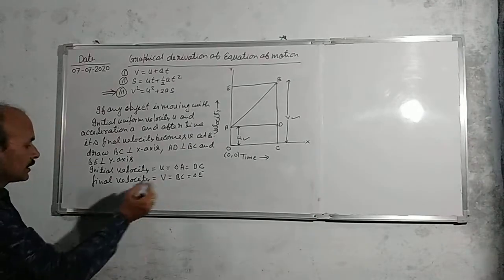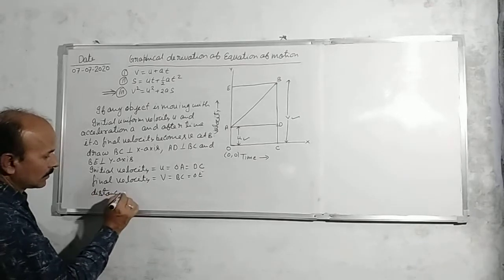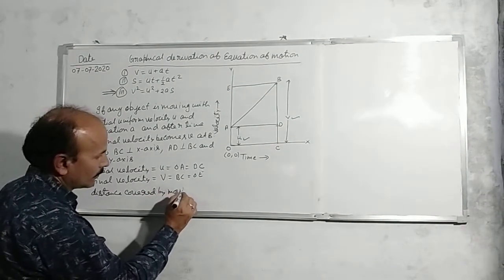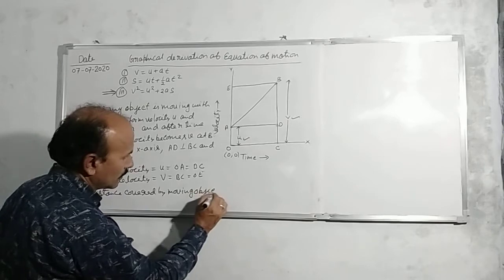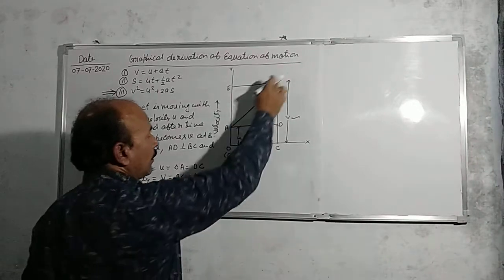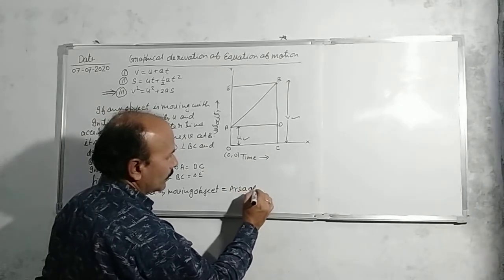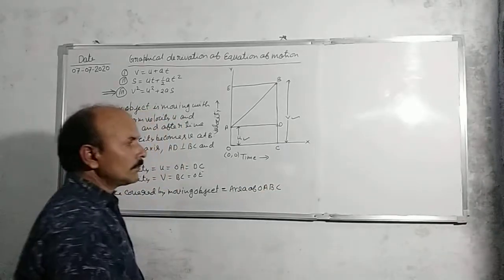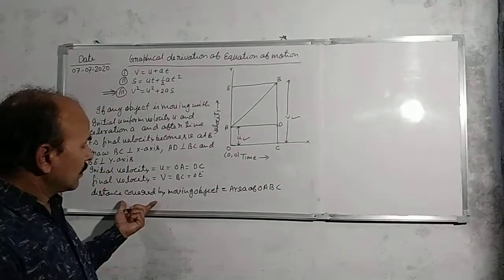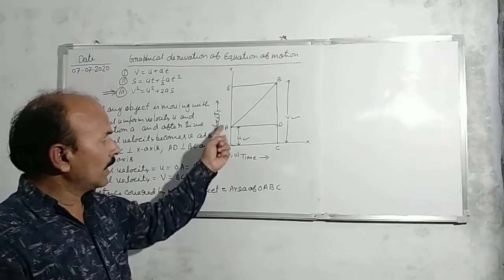The distance covered by the moving object is given by the area of OABC in the velocity time graph.